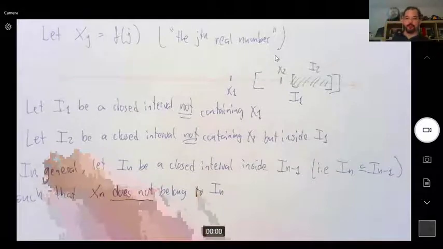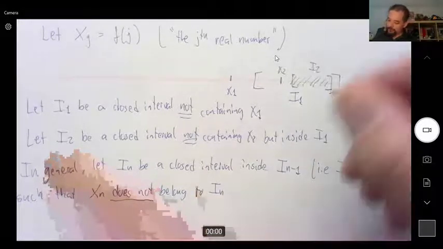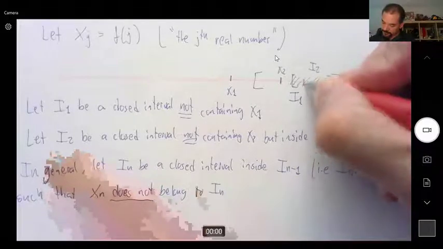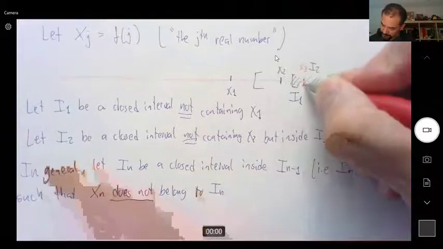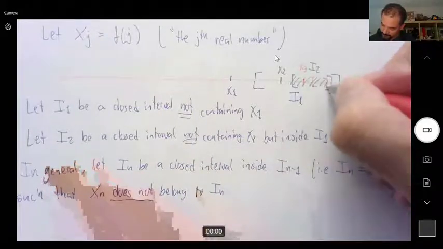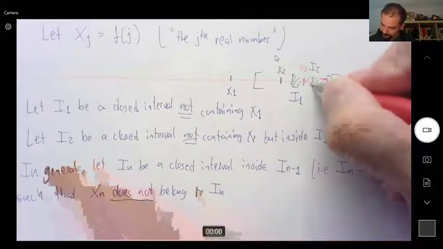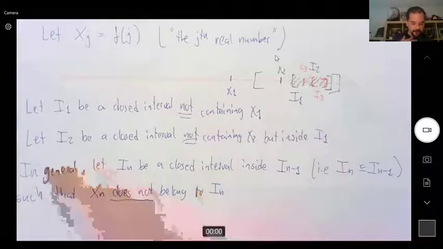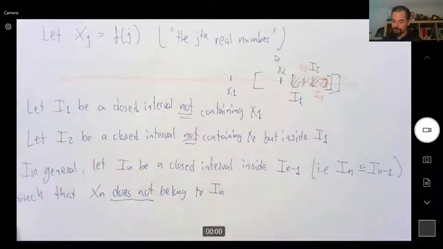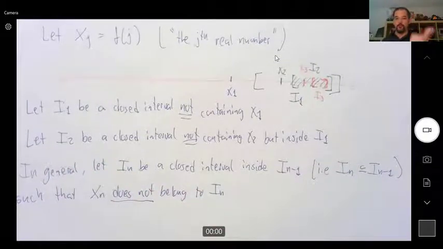So it avoids x_n, right? So if I wanted to continue in my picture, the bad case would be that x3 is maybe in here. So then I need to pick an interval where x3 is not there. So maybe I'll pick this one over here. That would be I3. Okay. All right. And we continue like that. We can do this for every n. So we do I1, I2, I3, I4, I5, I6, etc. All of them. All right.